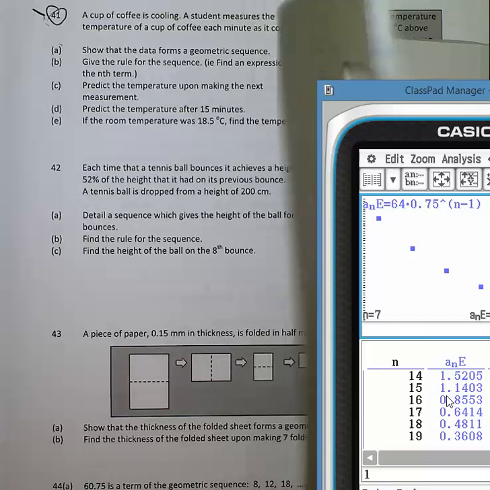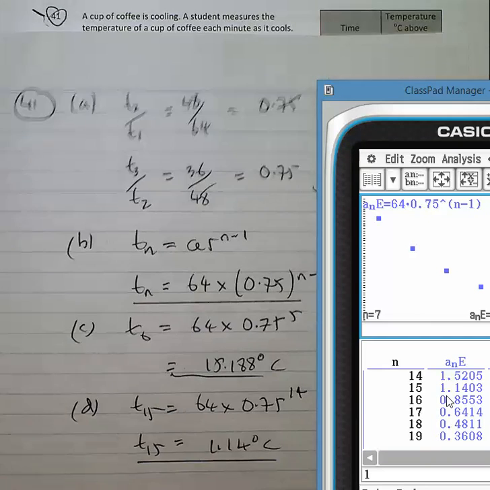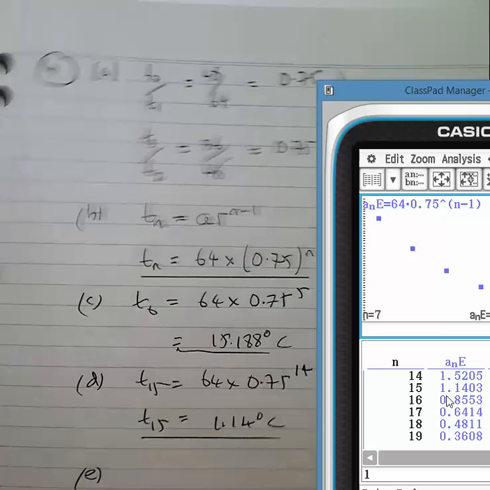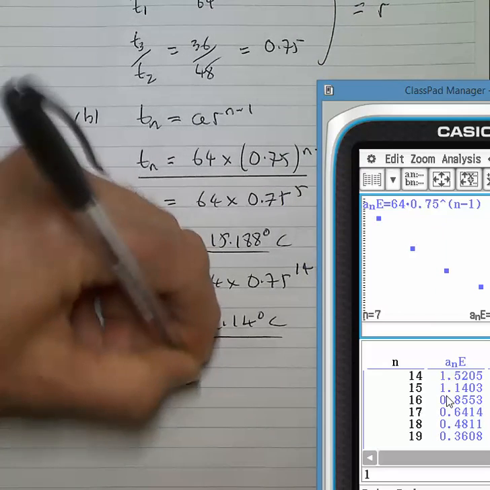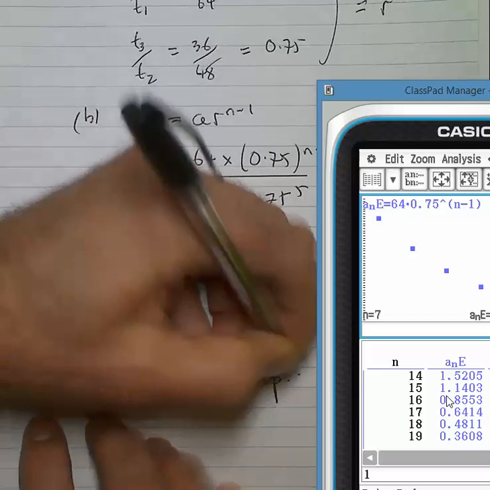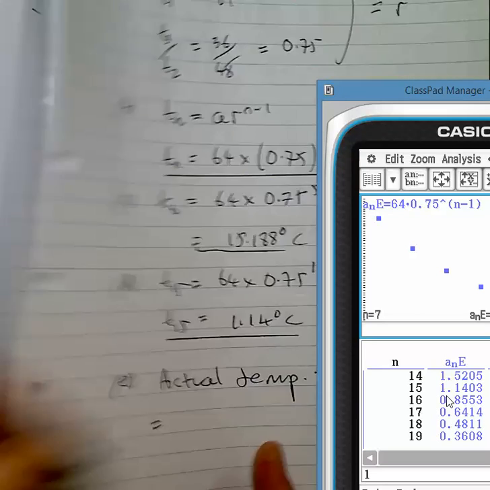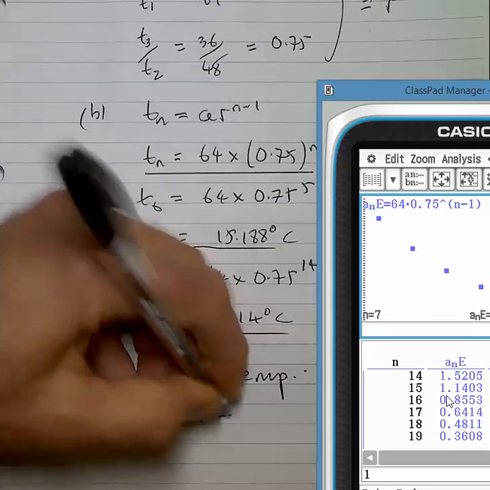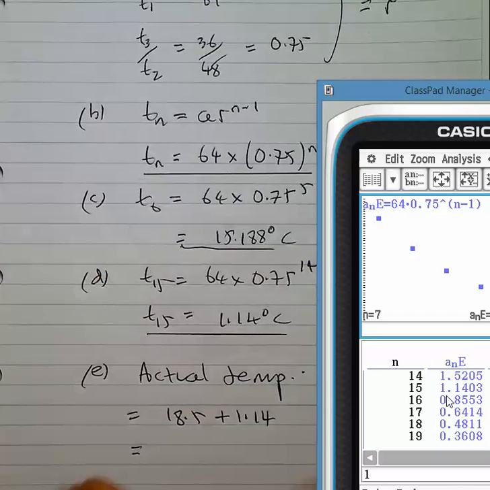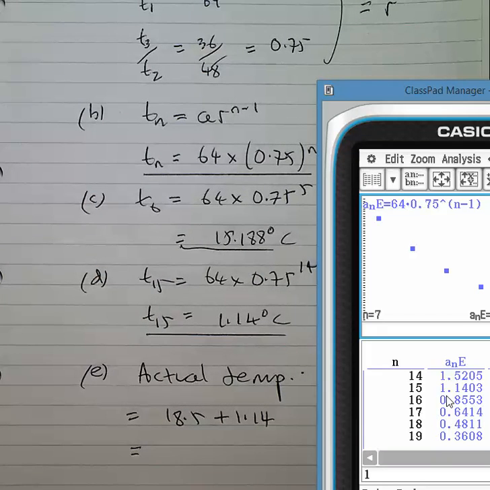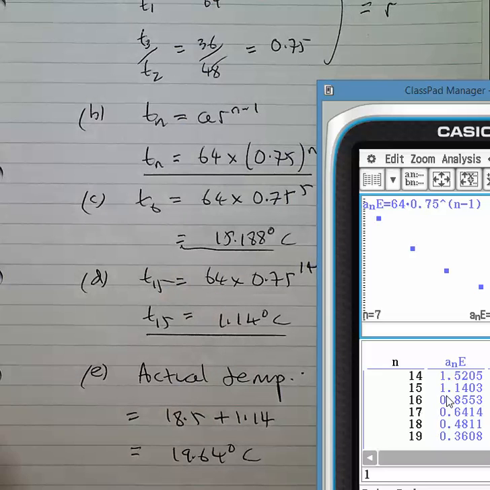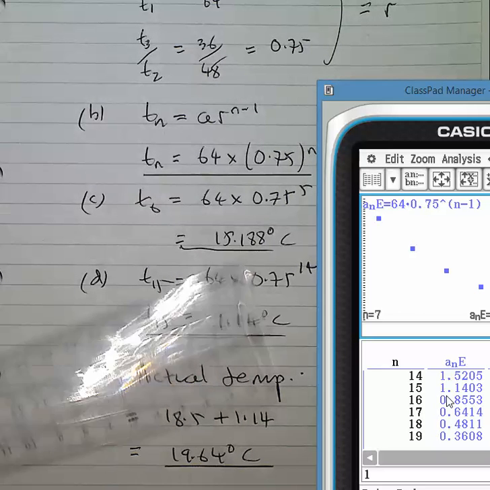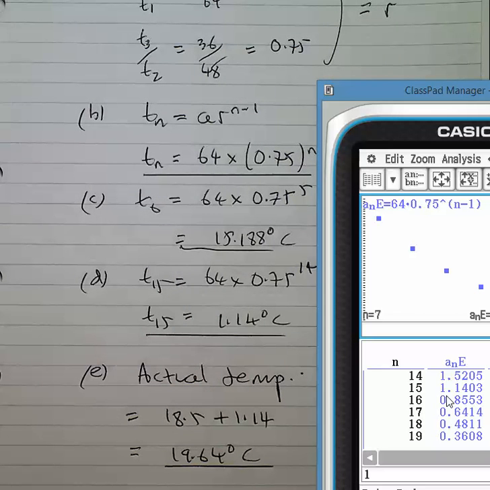We're told if the room temperature was actually 18.5 degrees Celsius, the actual temperature is going to equal the 18.5 plus the 1.14, and that will give us 19.64 degrees Celsius.